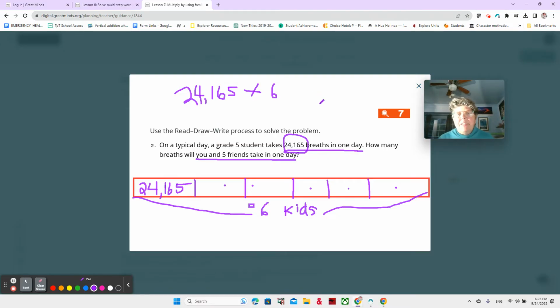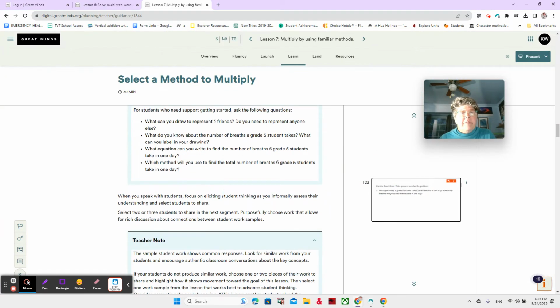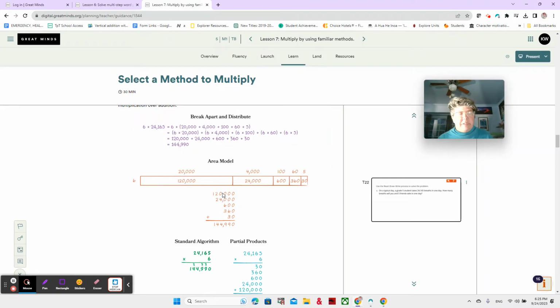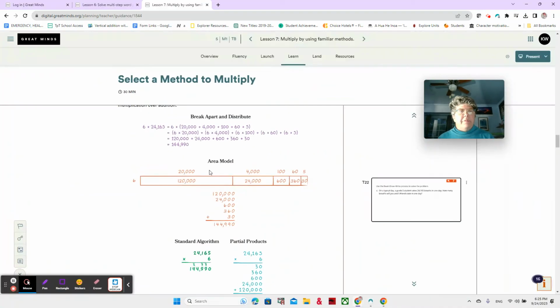Okay, now we're going to talk about how we did that. So let's look at some possible ways that you could solve it. Here are some possible different solutions that you might have done or might be interesting to you to think about. So let's look at this break apart and distribute up here first.